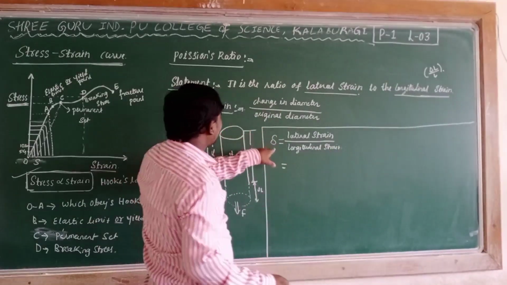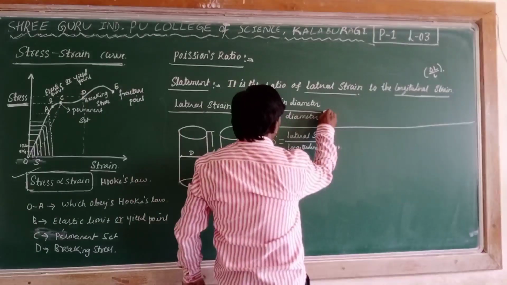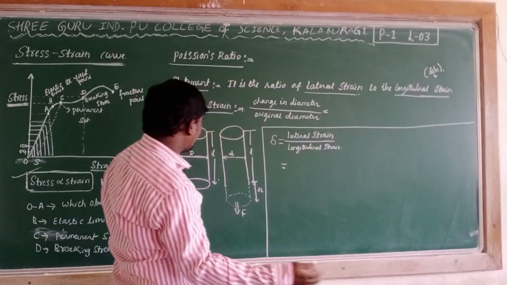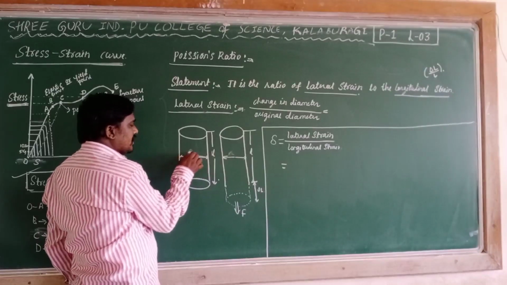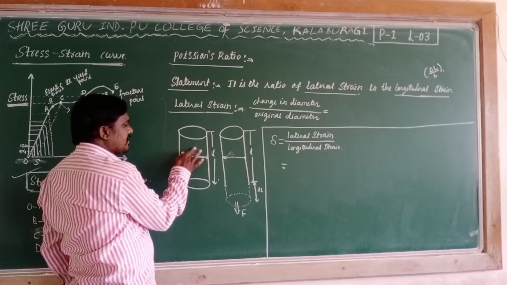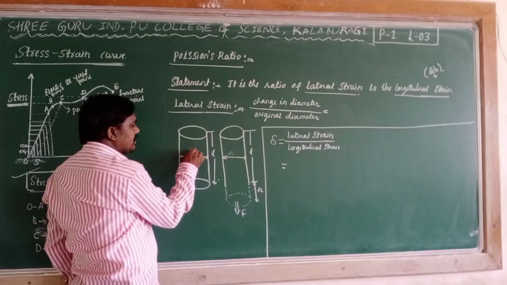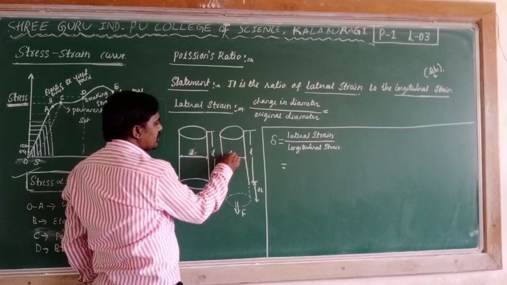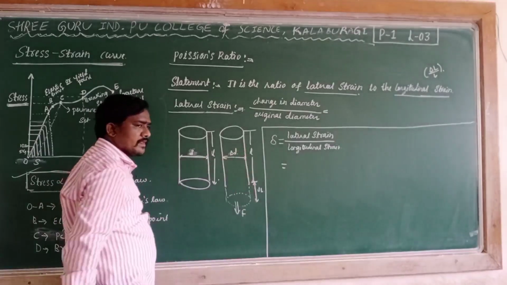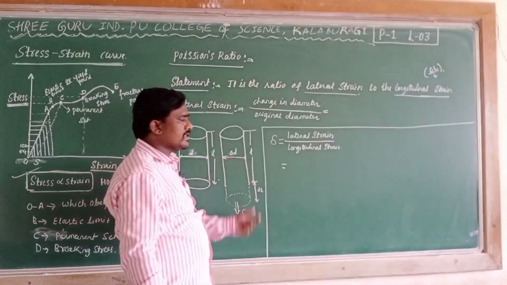Here lateral strain means change in diameter. Consider the initial diameter as d, or you can consider small d or capital D, it's left to you. According to NCERT, this is small d and the change in diameter is delta d.